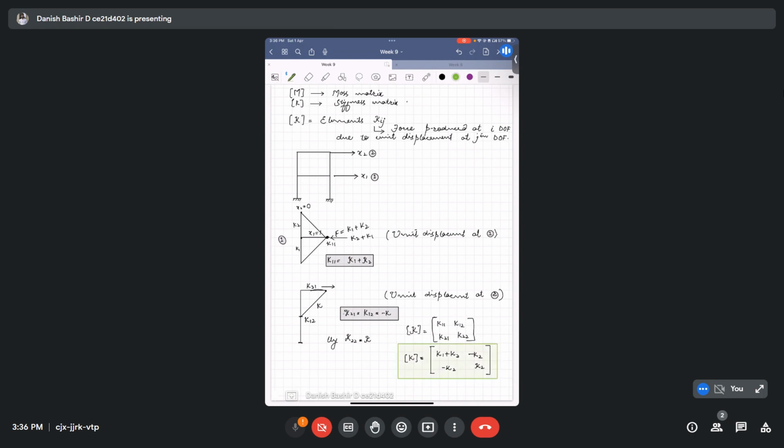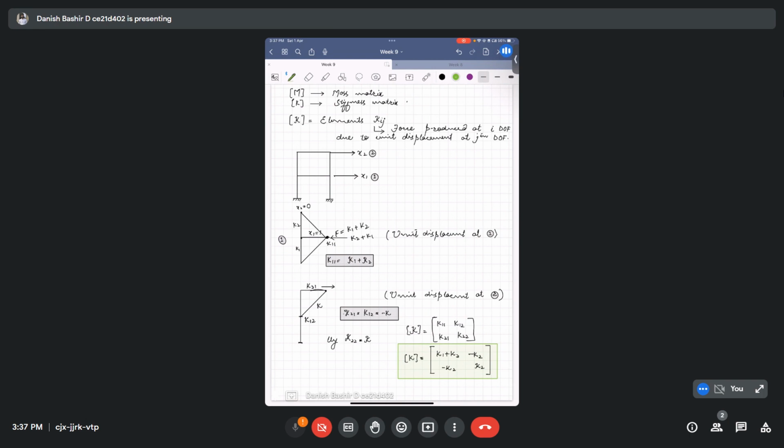By the Kij method we have to remember that Kij is the force produced at the ith degree of freedom due to unit displacement at the jth degree of freedom and zero displacement at all other degrees of freedom.